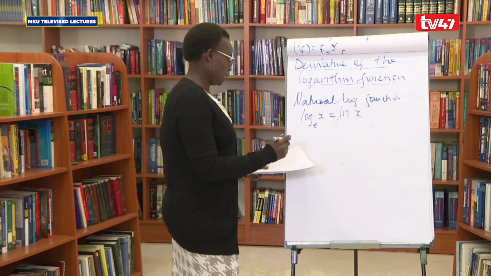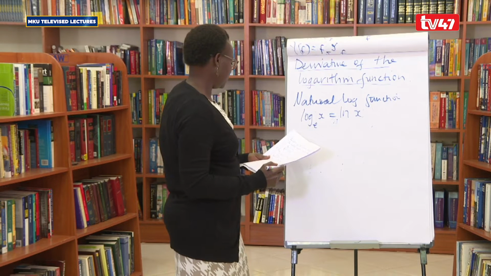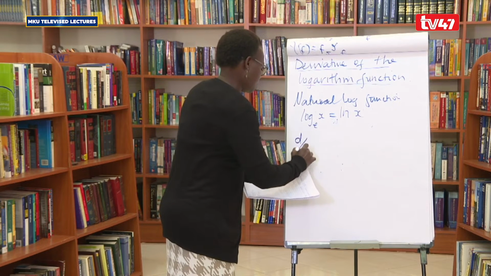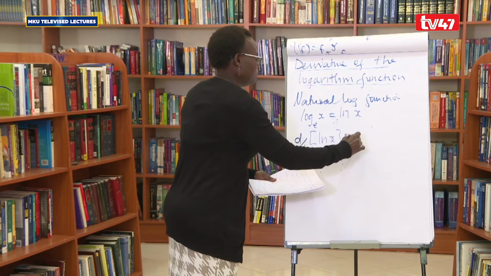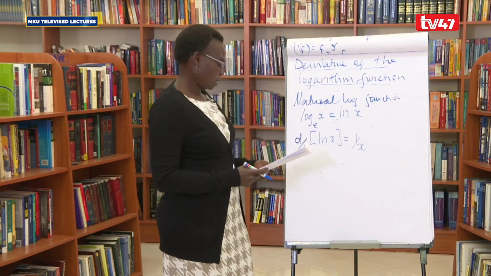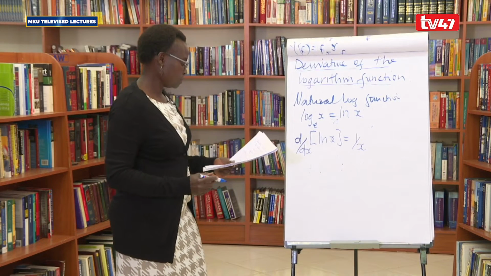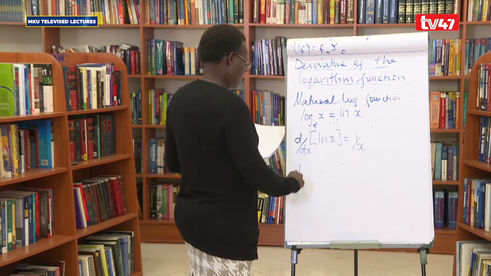So when we are getting the derivative of ln x, this is 1 over x. So we can prove this.